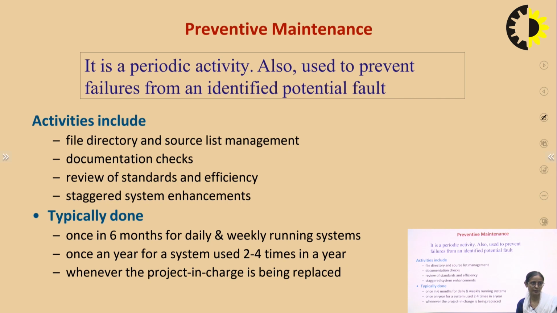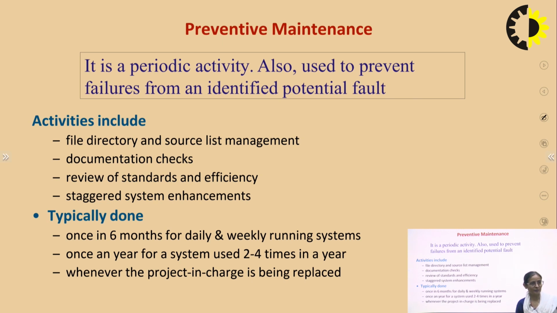Next and the last one is my preventive maintenance. It is a periodic activity also used to prevent failures from an identified potential fault. So, what are the activities? File directory and source list management, documentation checks, review of the standards and efficiency, staggered system enhancement.